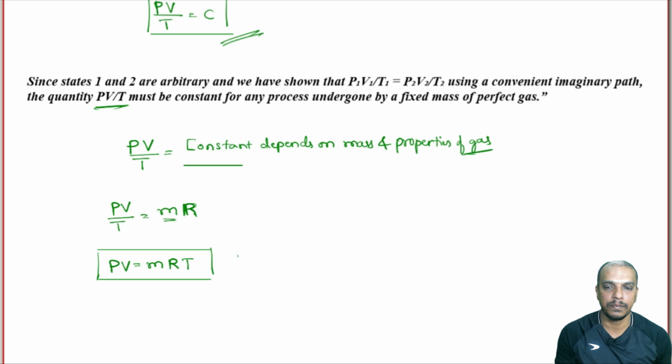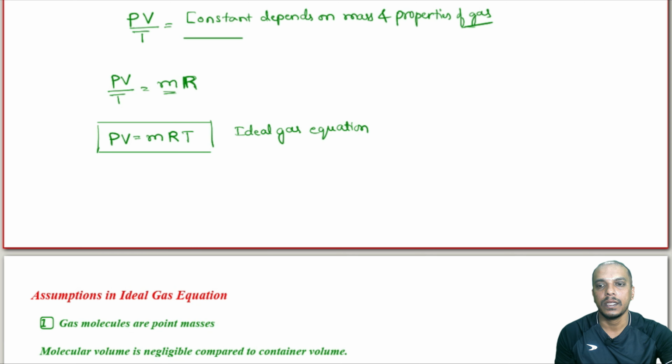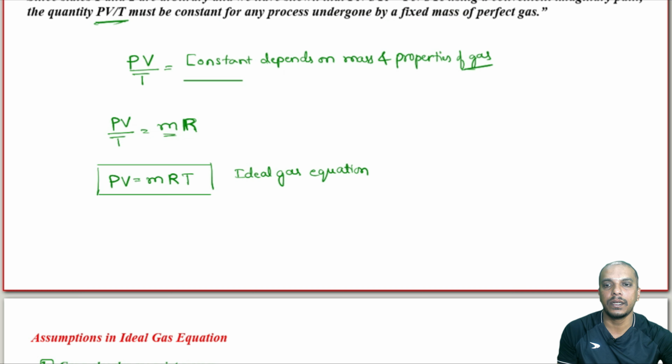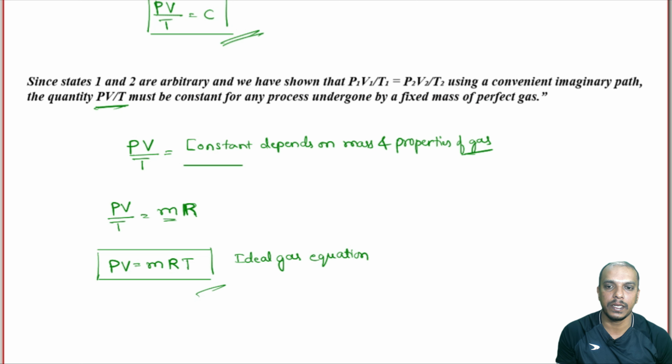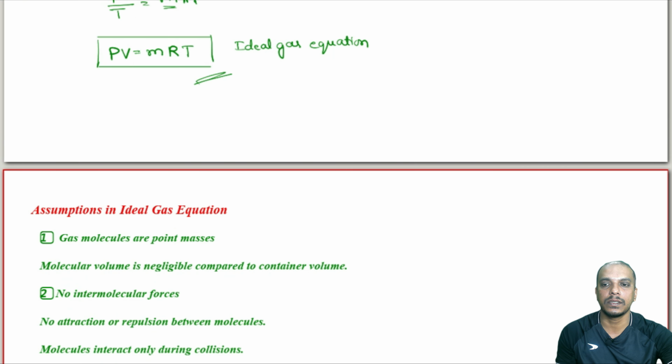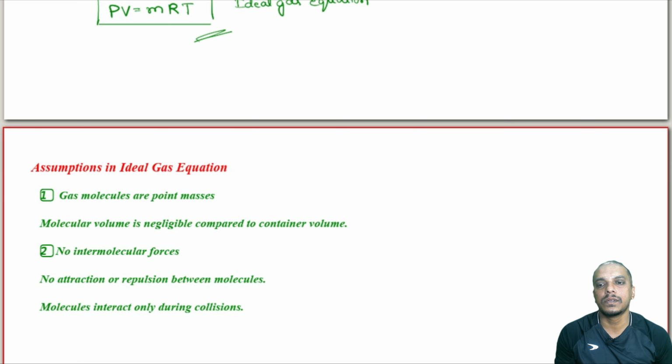This we call the ideal gas equation. Now, what is an ideal gas is our next question. There are assumptions which were made during derivation of this particular equation. The assumption was gas molecules are point masses, so the volume of the molecule is negligible compared to the container volume.